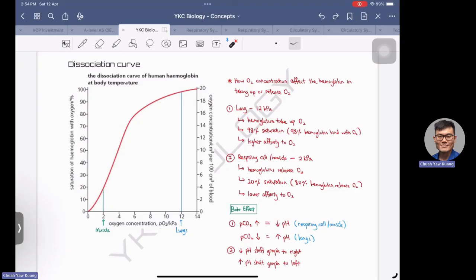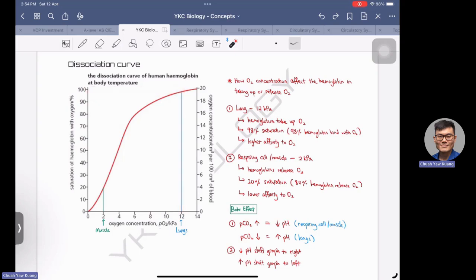So for example, the blood passing through the lung, an organ which has high oxygen, so the partial pressure of the oxygen is quite high as well, which is 12 kPa. At 12 kPa, we can see that the saturation percentage is around 98%.